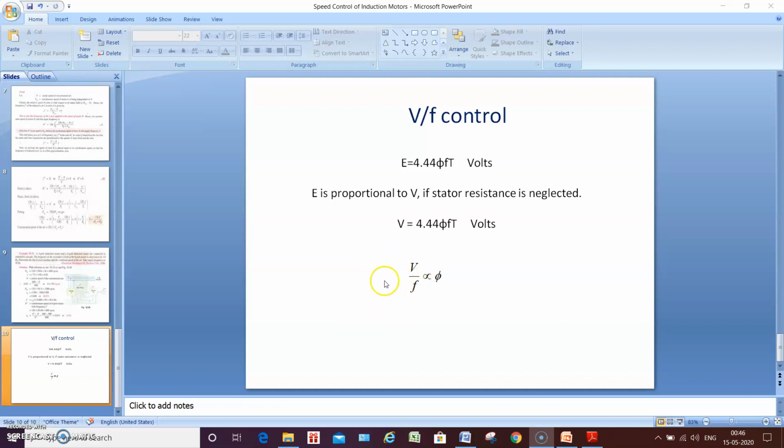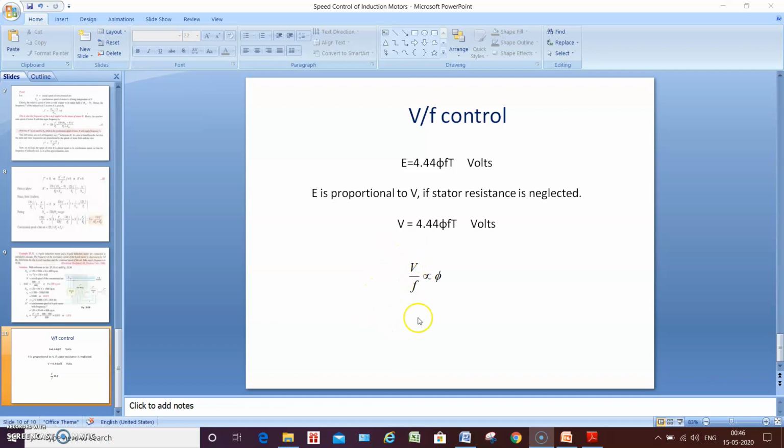So you can understand that you can either increase the voltage or decrease the voltage, and you can control the speed. If the voltage and frequency are increased to a certain level, you can also increase the speed. If they are decreased, the speed can also be decreased.